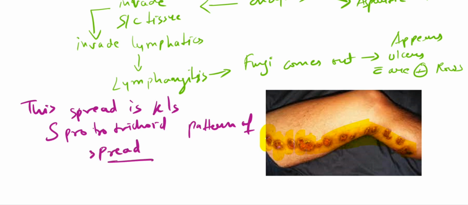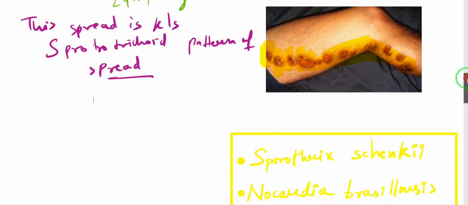This special sporotrichoid pattern of spread is not only seen in case of Sporothrix schenckii, but in some other organisms as well.